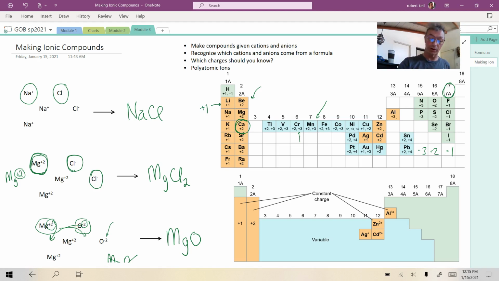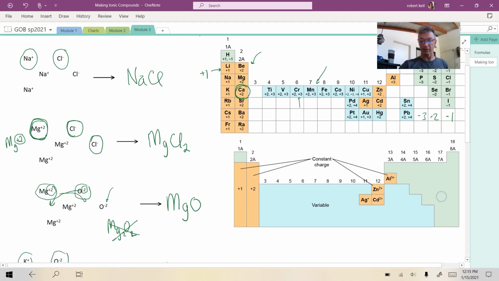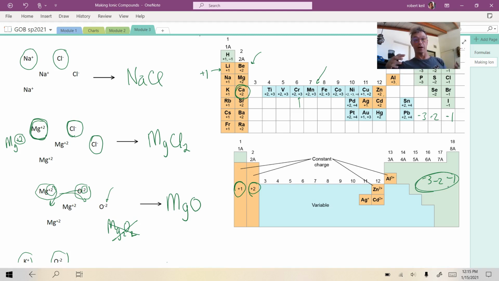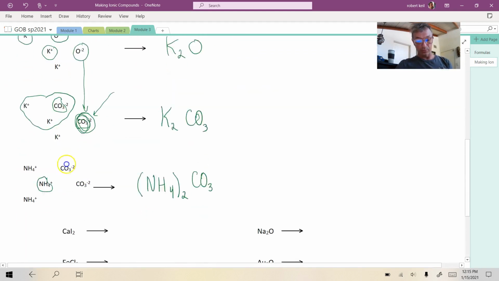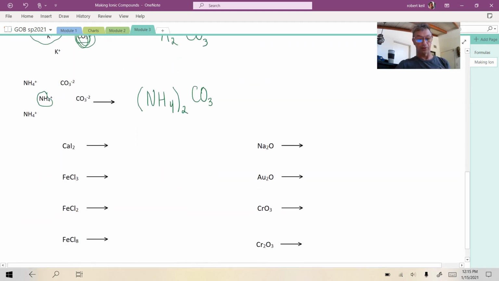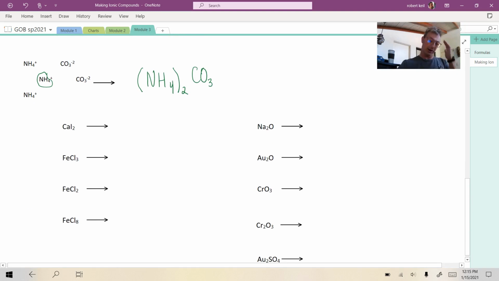So the ones you need to memorize, kind of in the second table, are plus 1, plus 2, minus 1, minus 2, minus 3. You should know those kind of by heart, just like whenever you see chlorine by itself, okay, great. So let's go back here, and I'll look at my calcium, and I'll say, okay, I know calcium is plus 2.